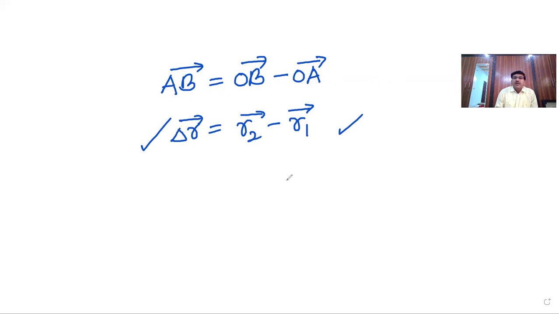Clear? Okay. Now, observe carefully. Whenever there is a change in the position, we said that the displacement occurs. Clear? So here I have shown that previously x1 position, initial position, to the x2 position, final position.